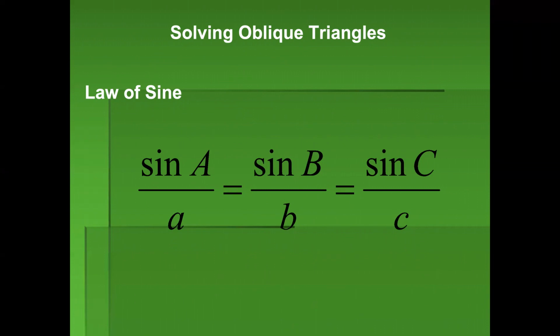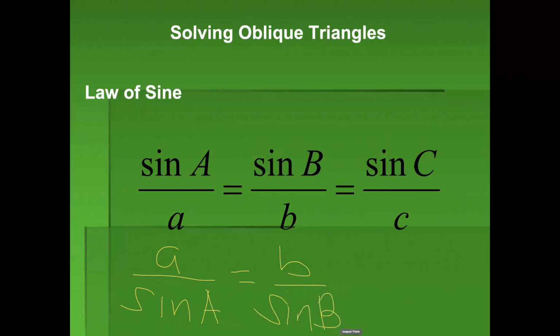So in other books, you may find A over sine A equals B over sine B equals C over sine C. But they are the same. So it's up to you. Either you will use the first formula wherein the angles are on the numerator and the sides are in the denominator, or the reciprocal.